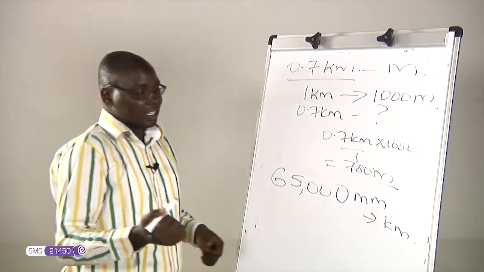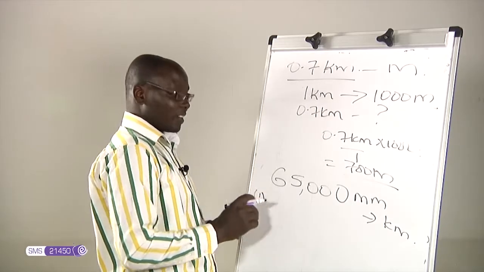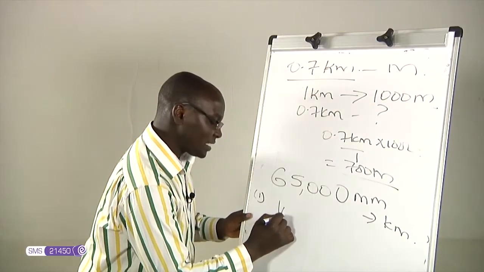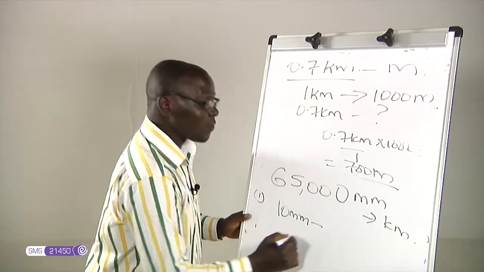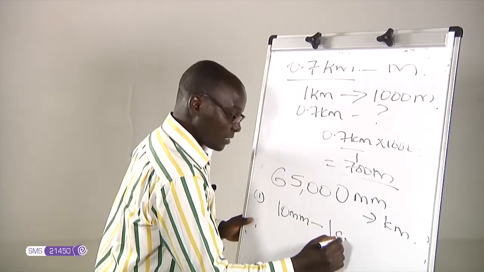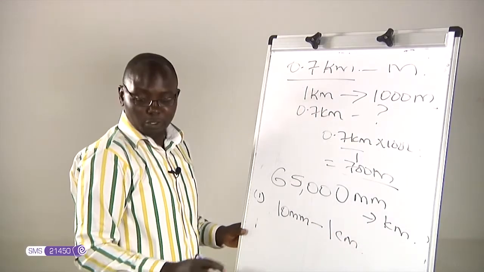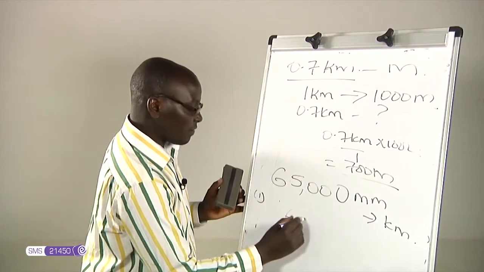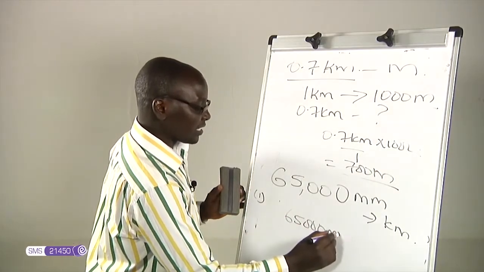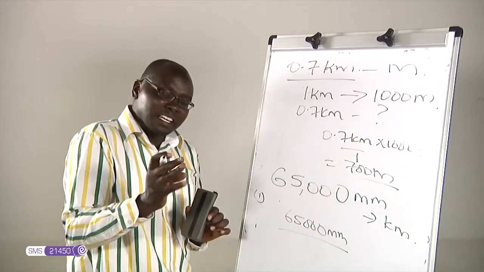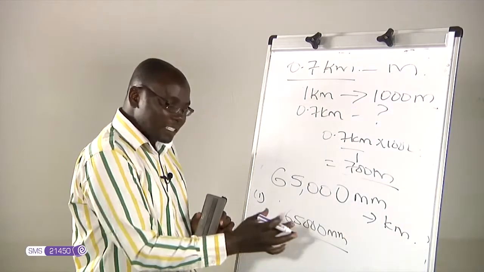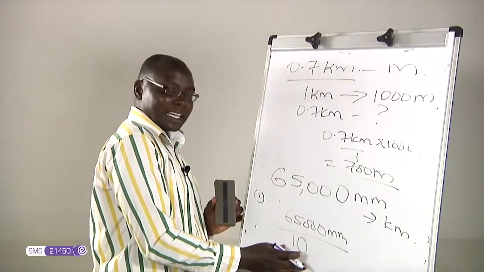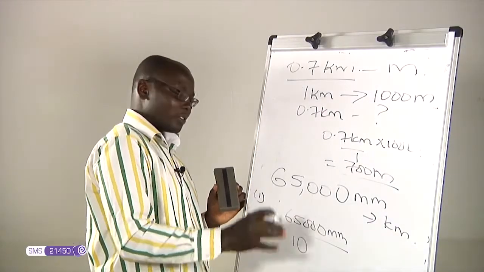So how do we do this? We have 10 millimeters is equal to 1 centimeter. So it would be easier for us, having that relationship, to divide 65,000 millimeters by 10. For every 10 millimeters, 1 centimeter, we see how many centimeters there are. By dividing by 10, we convert these into centimeters.